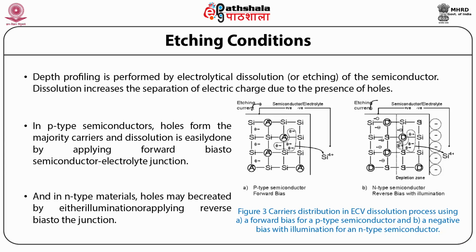Even a short wavelength light can promote electrons to the conduction band from the valence band, leaving holes behind which are drawn towards the surface by reverse biasing the junction. Figure 3. The wavelength λ must satisfy the condition λ smaller than hc divided by Eg.